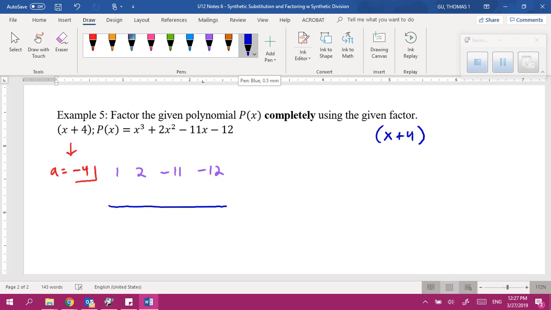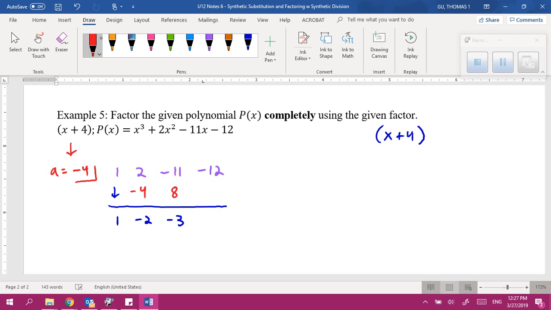Let's do the division. So we're going to bring down the 1, and then 1 times negative 4 is? 2 plus negative 4? Negative 2 times negative 4? 8. Negative 11 plus 8? What is it? Negative 3.